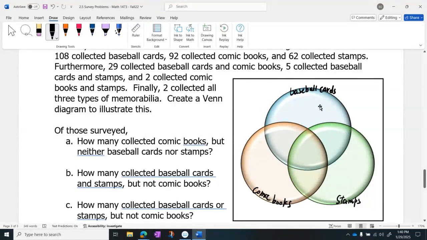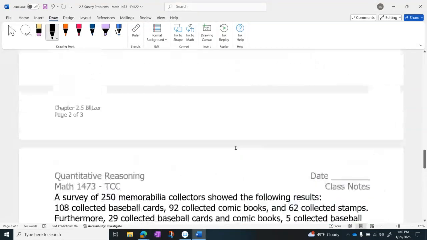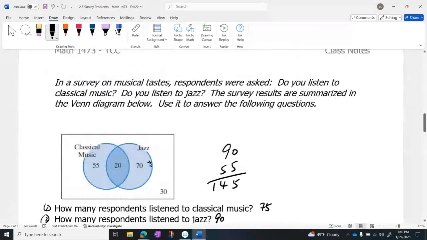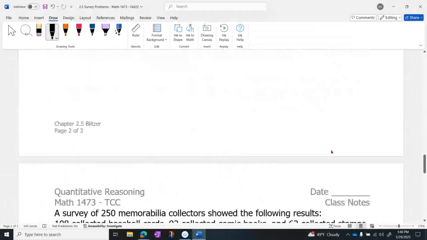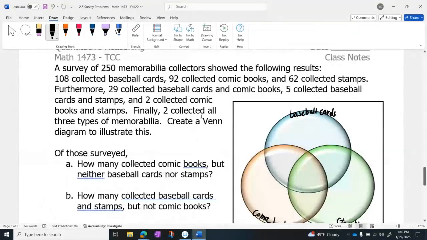Anyway, now we have labeled the 3 sets, right? We know what the 3 sets represent, and we can start to fill in the cardinalities, like what we have seen in today's class. The numbers are not elements; they are cardinalities of the regions. So let's go backwards.